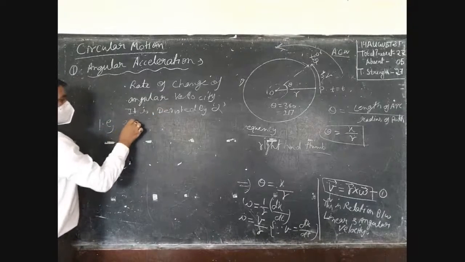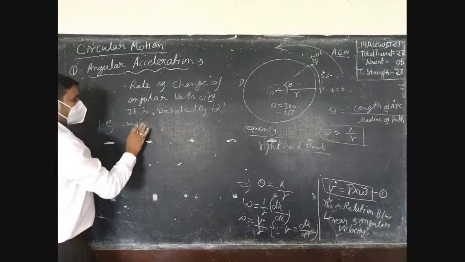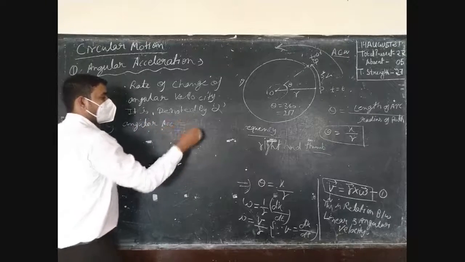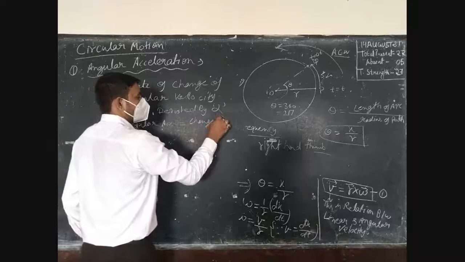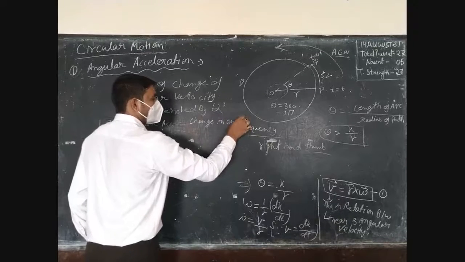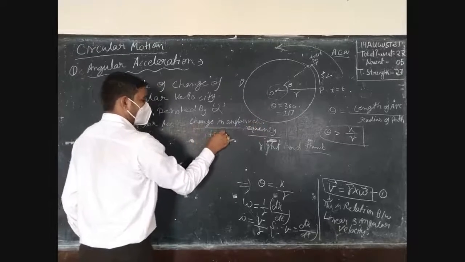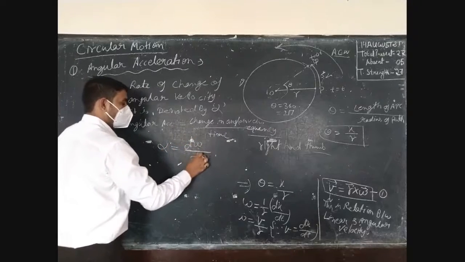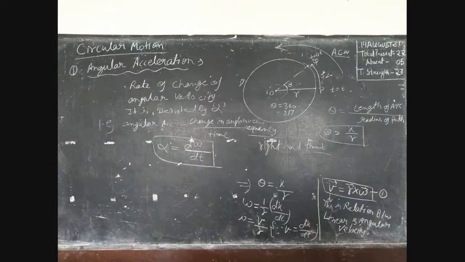Now we can define angular acceleration as equal to the rate of change of angular velocity with time. That means alpha is equal to d omega upon dt. Okay, now what do we have for omega?